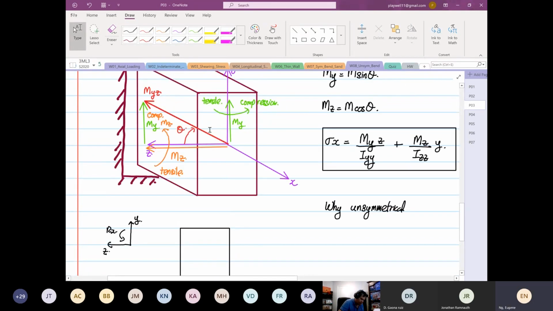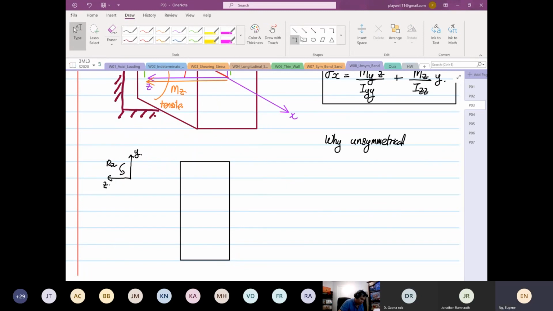And then we have our MY. So MY is in this direction, sorry, wrong color. So this is MY. So right hand rule, right? Your thumb points up, how you grip your structure. So this will be compression. This will be tensile.